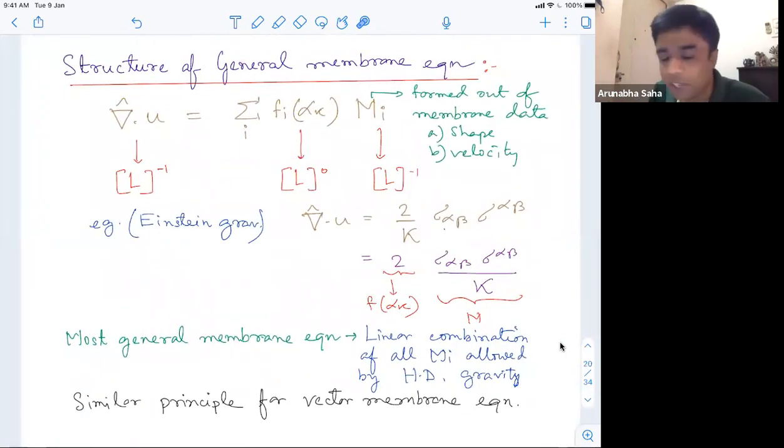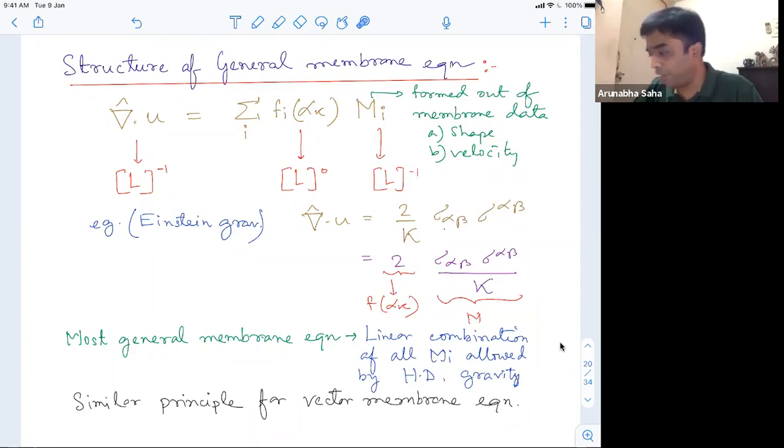There are vector and scalar membrane equations, but mostly what I will need is the scalar membrane equation, which I claim has a structure like this: the sum of various terms formed out of the membrane data, shape and velocity.